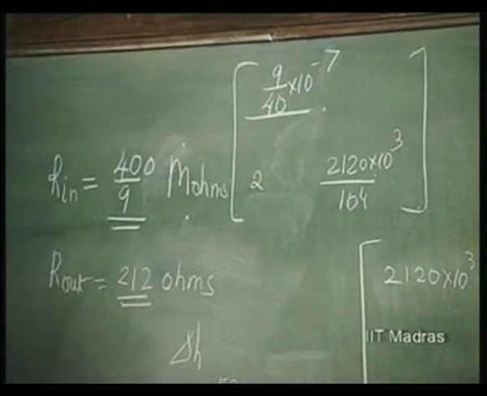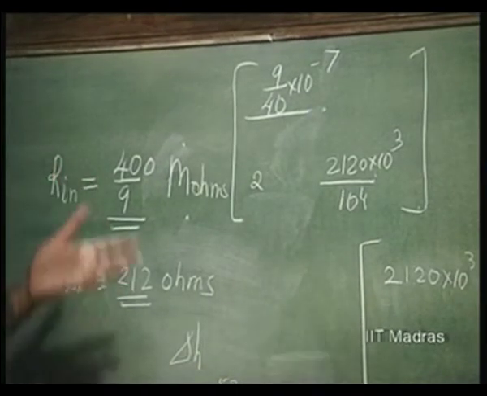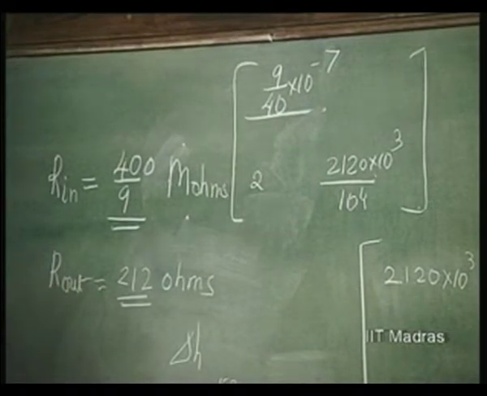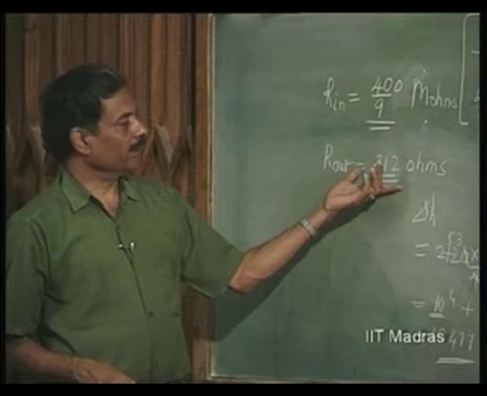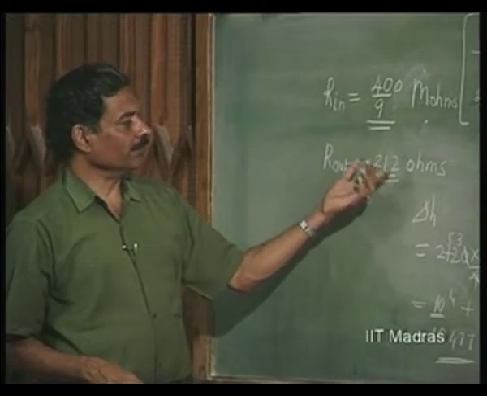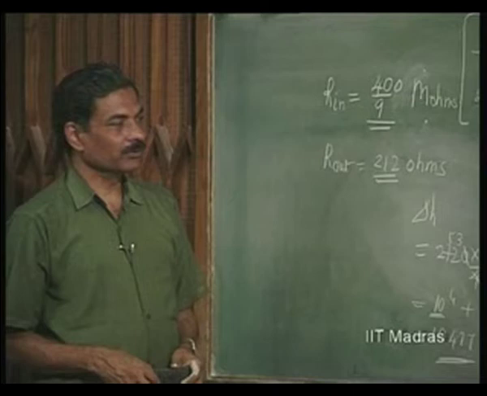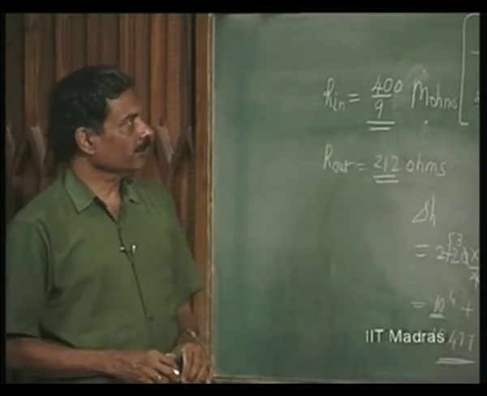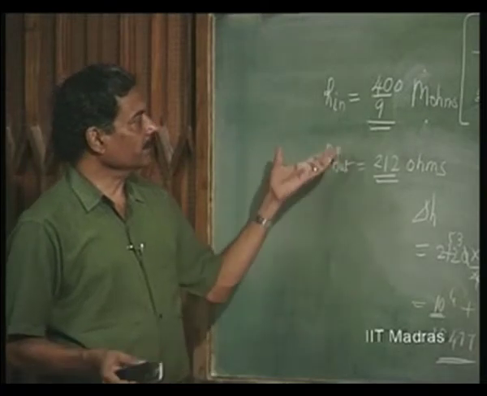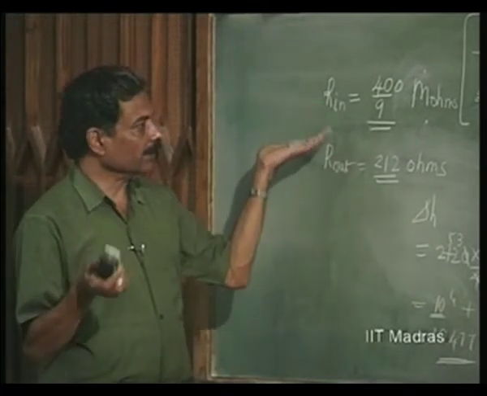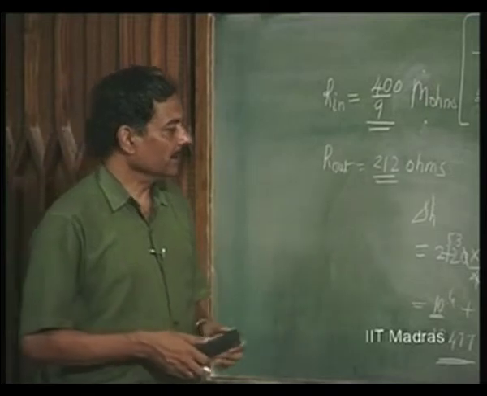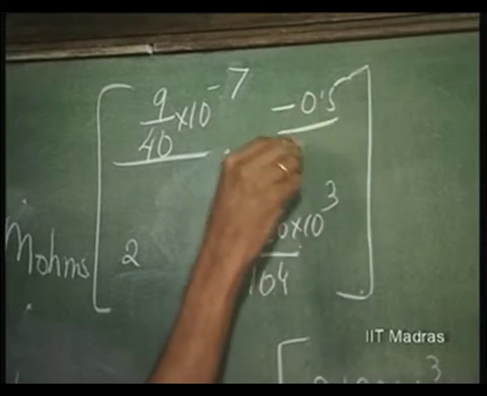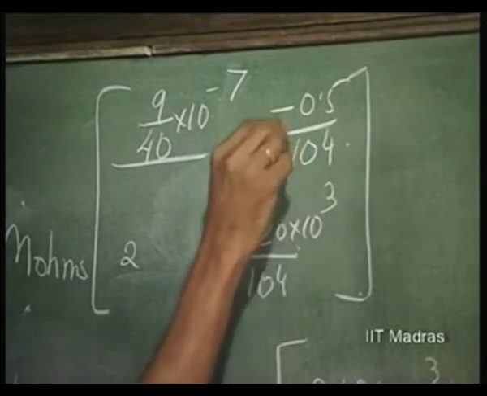So, even though we have had an amplifier which uses 10K and parallel with 40K and 10K etc., we have now got an output impedance which is of the order of 212 ohms, pretty low. So, the output impedance is going towards 0. Input impedance is going towards infinity, or input conductance is also going towards 0, and this factor obviously is minus 0.5 divided by 10 to the power 4.